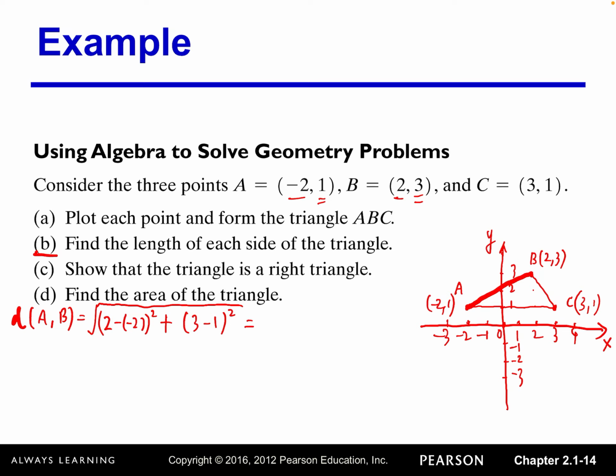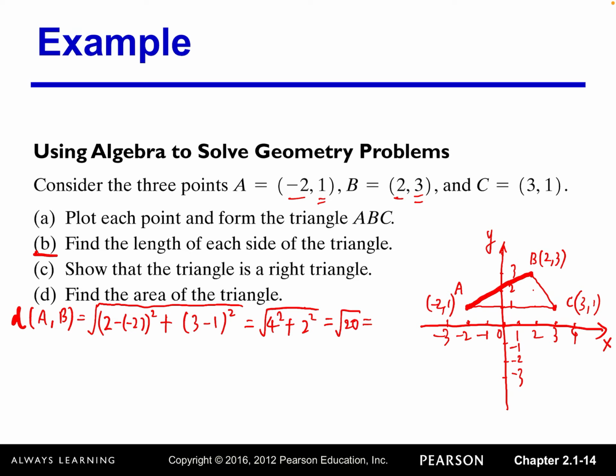If you simplify, 2 minus -2, minus a negative becomes a positive, so that's positive 4 squared plus 3 minus 1, that's 2 squared, right? That gives us 16 plus 4, that's square root of 20.